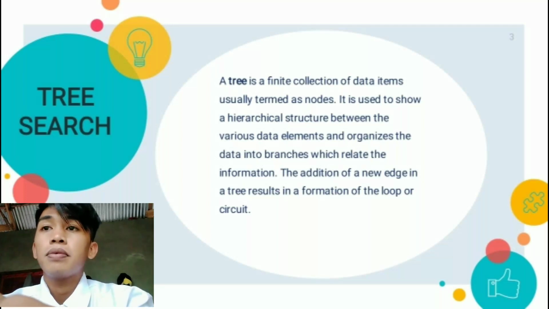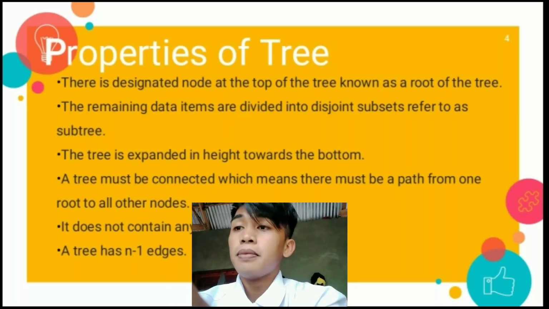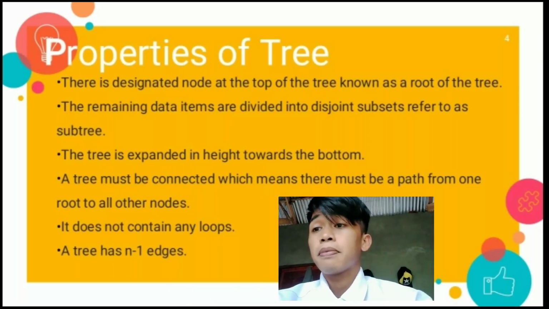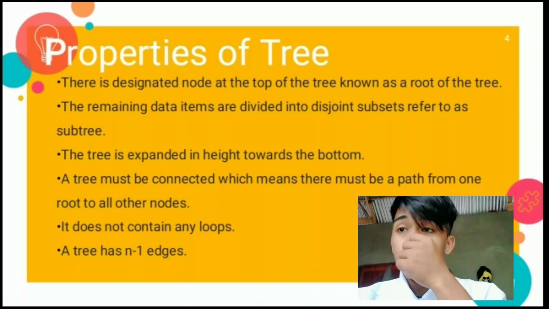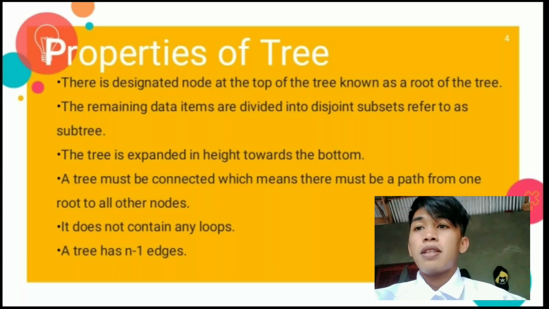Next is properties of a tree. There is a designated node at the top of the tree known as the root of the tree. The remaining data items are divided into disjoint subsets referred to as subtrees.